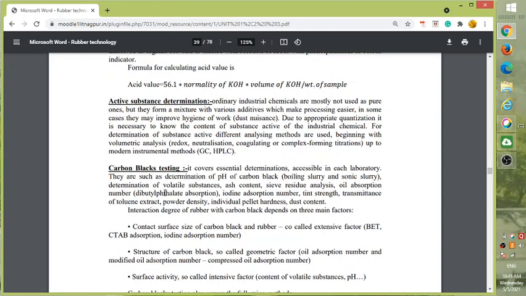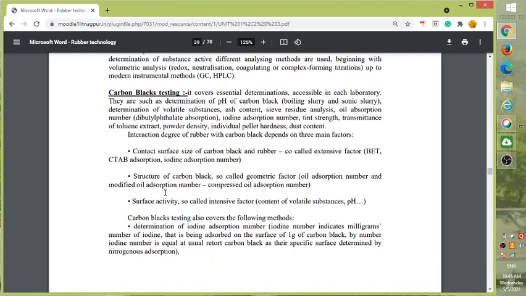So, carbon black testing. It covers essential determinations accessible in each laboratory. They are such as determination of pH of carbon black, determination of volatile substances, ash content, sieve residue analysis, oil absorption number, iodine absorption number, tint strength, transmittance of toluene extract, powder density, individual pellet hardness, dust content.